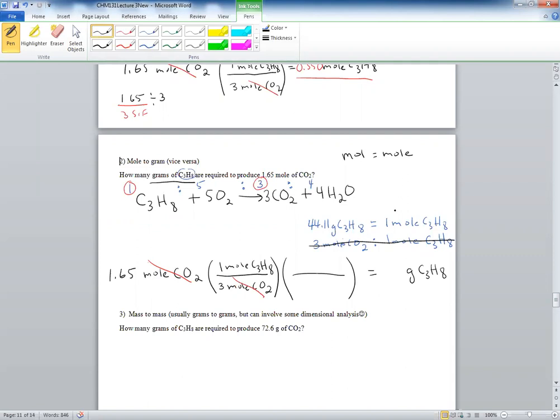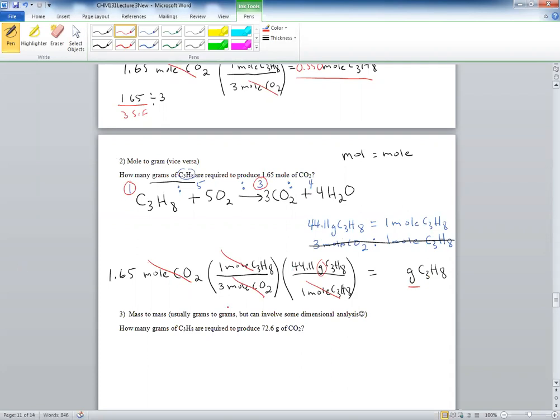Now the next thing is what I have is this. So I have 1 mole of C3H8, and that would be 44.11 grams of C3H8. So I'm left with, again, grams, which is right here. Very well.